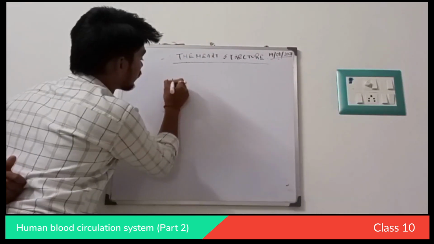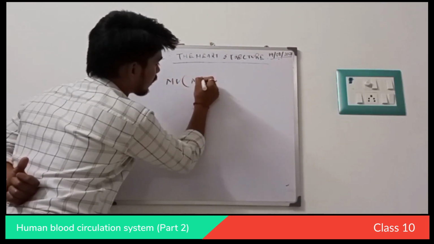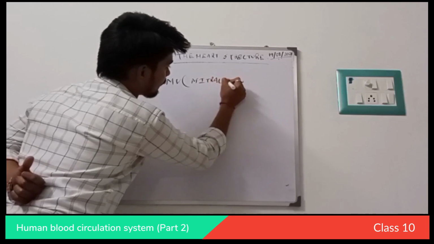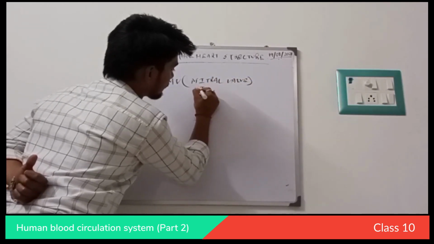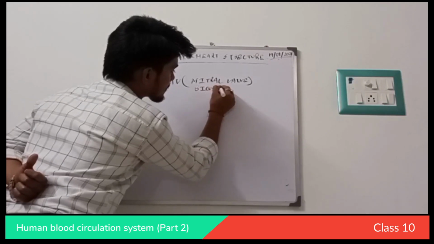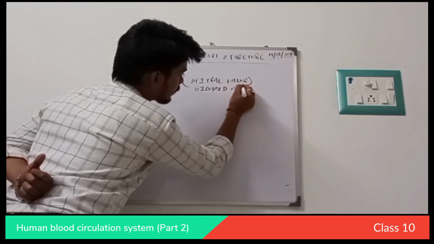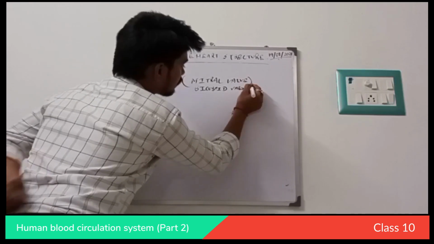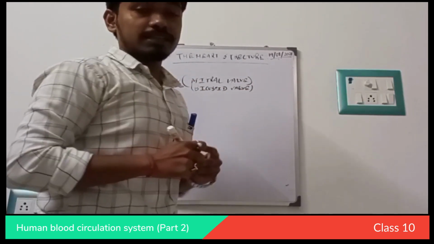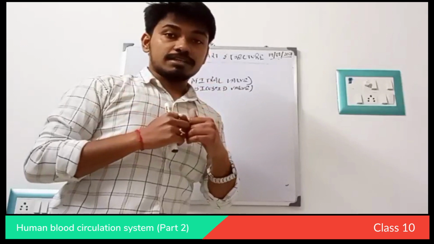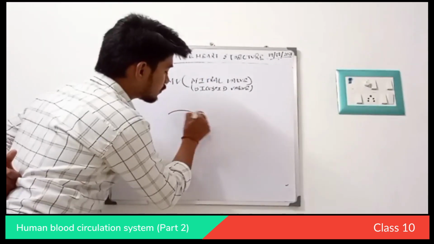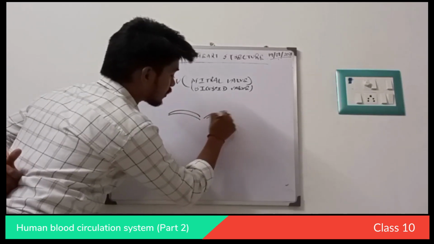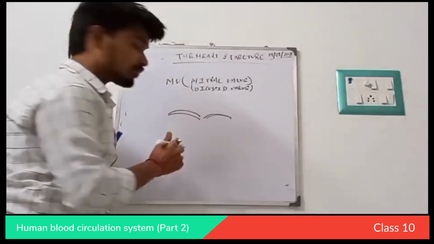The bicuspid valve has the characteristic feature of two leaflets, because it is a bicuspid valve. So it has two cusps. What are the cusps? The anterior cusp and the posterior cusp. The posterior cusp is known as the mainly mobile valve.